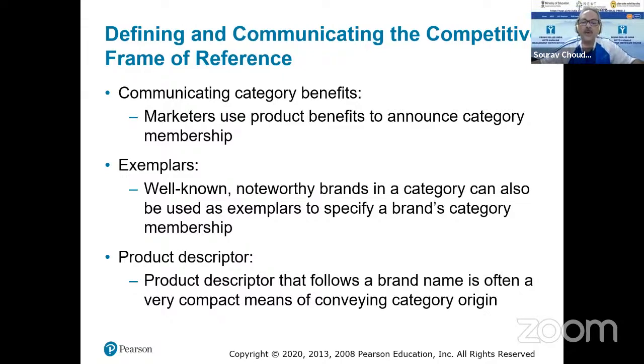Exemplars: well-known brands in a category can also be used as exemplars to specify a brand's category membership. So, well-known brand, Activa is the most well-known automatic two-wheeler brand, right? Everybody says Activa, Honda Activa, because that was the first automatic scooter on the road.